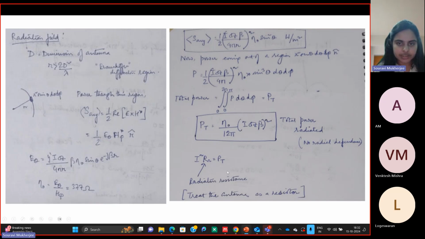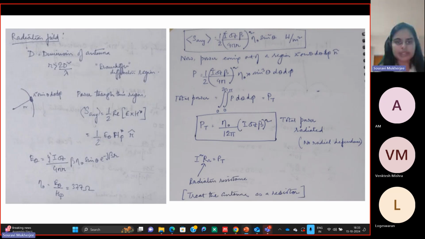The radiation resistance expression is given as eta naught by 12 pi times (delta Z beta) whole squared. So that again depends on the medium that you are in, the dimensions of the antenna, and the wavelength of the signal that is being propagated. Ideally, what it means is that you are considering the antenna as some effective resistor.